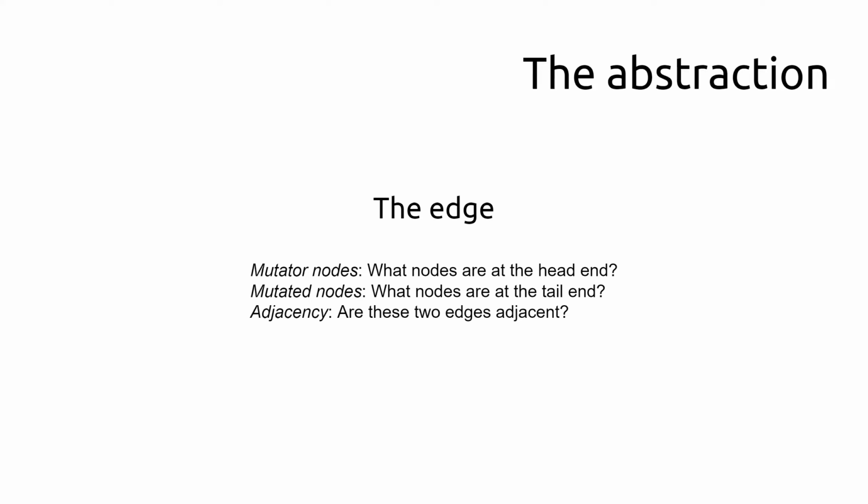Mutated nodes are very easy to understand. For example, for an undirected network, you say A is connected to B means that A can cause changes in B and B can cause changes to A. So A and B both are mutators and mutated.